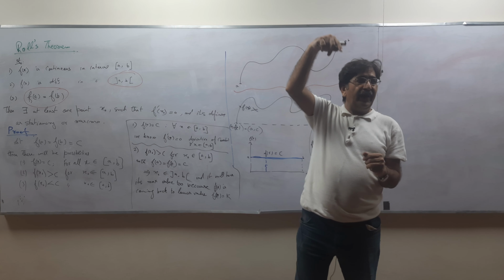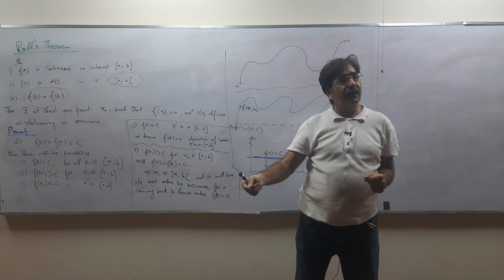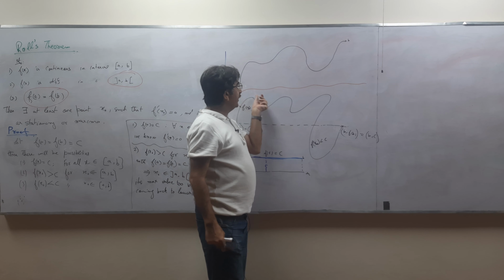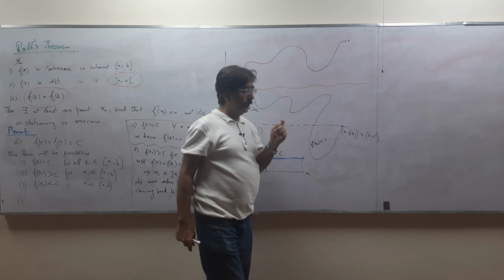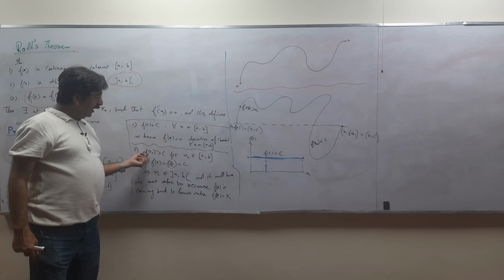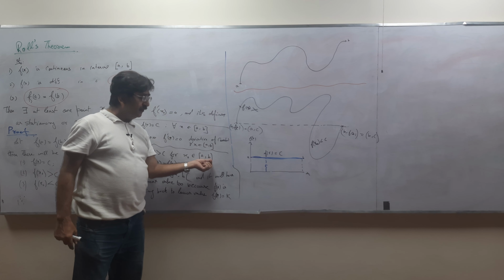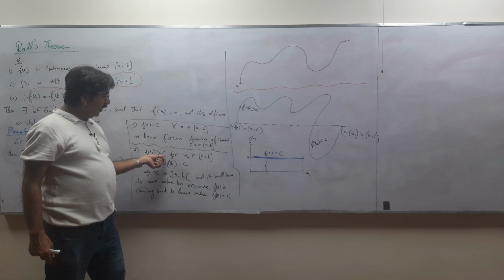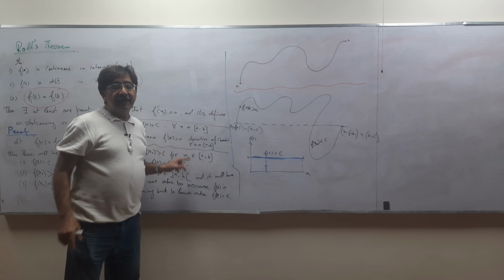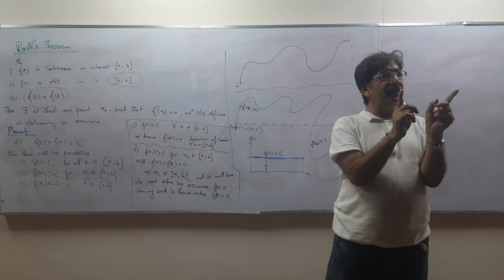It means if f is increasing and coming back to the initial value again, there may be some maximum. Yes, because I have explained that x naught is any point between a and b where f(x naught) is greater than c, but at the boundary f(a) and f(b) it is c. It means that point will not be at the boundary, it will be anywhere between the initial and final point.